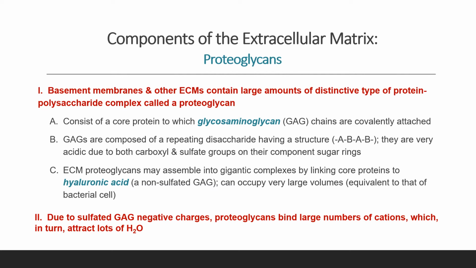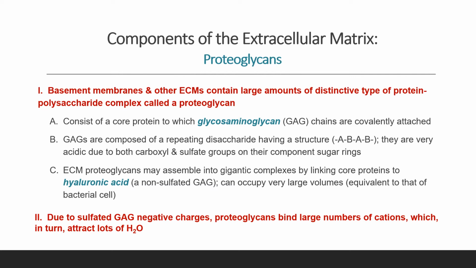The GAGs are composed of a repeating disaccharide having a structure of ABAB, where A and B represent two different sugars.